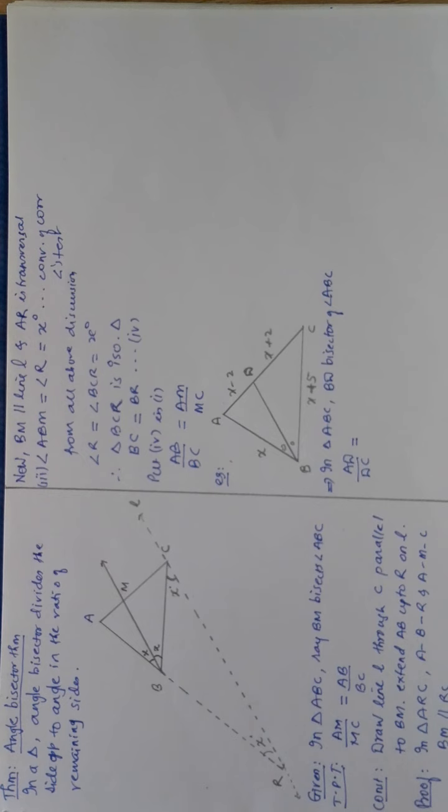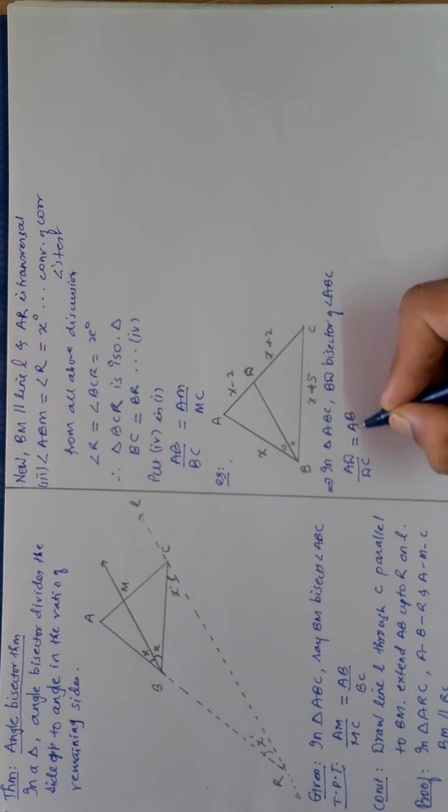Vertex means, the name of the triangle is ABC, correct? So in ABC, which name has appeared here? A. So start from that point A, go to the remaining two sides. The remaining two sides are AB and BC. So from A only one side comes, that is AB, and the remaining side is BC.